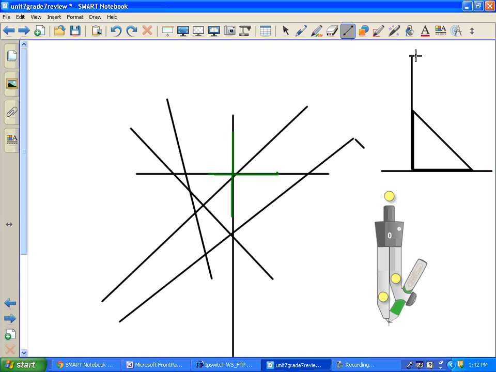Perfect. Now I have perpendicular lines. Now they're not intersecting each other, but I could have them intersecting each other like that if I wish. So that's all there is to recognizing perpendicular lines.